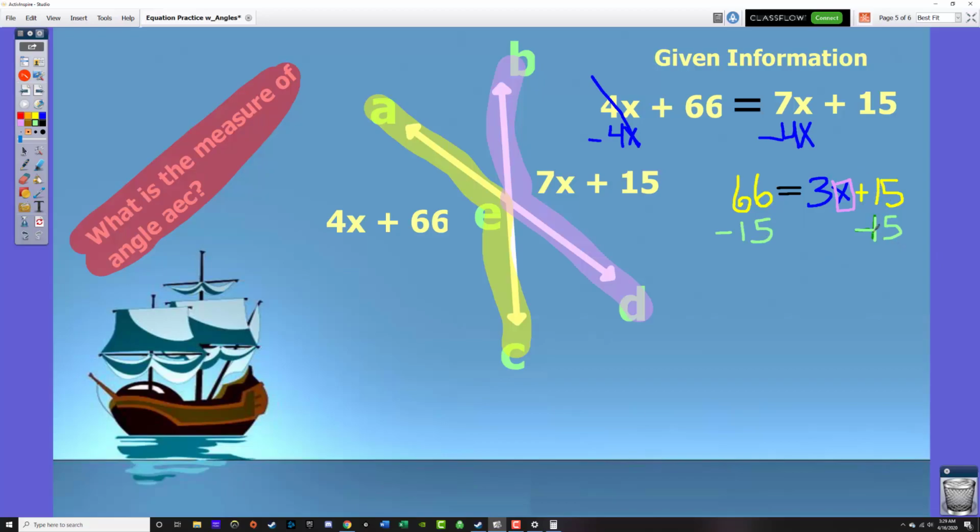Positive 15 minus 15 equals 0. So that cancels out, leaving us on the right-hand side with 3x. And that's equal to 66 minus 15, which is 51.